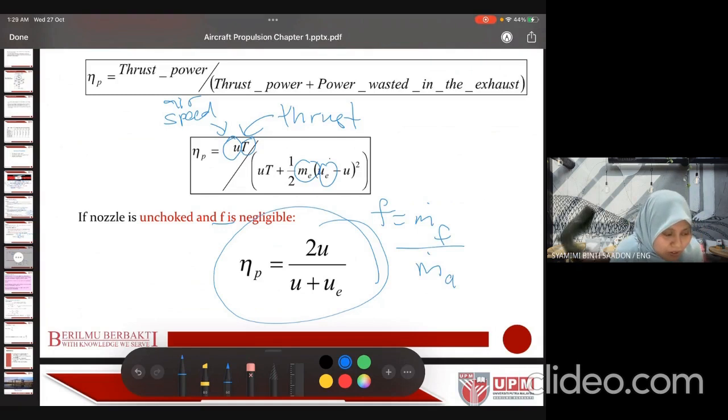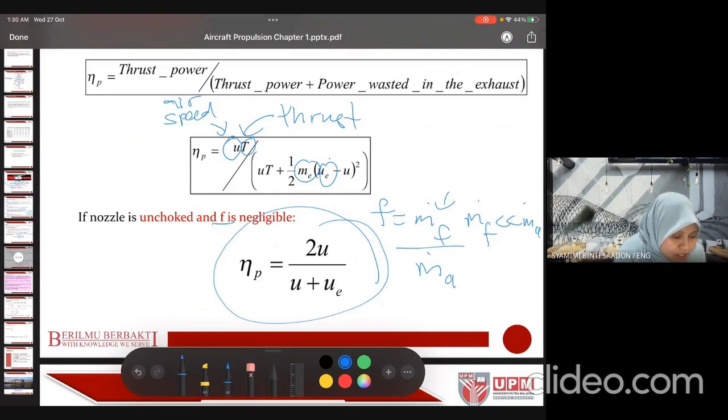If F is negligible, it means that the mass flow of the fuel is very, very small compared to MA. So F is negligible, and the nozzle is unchoked.